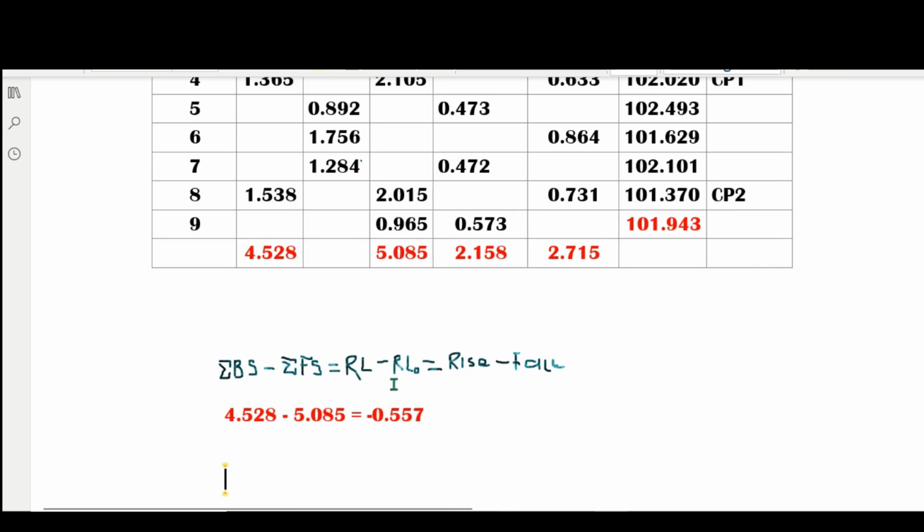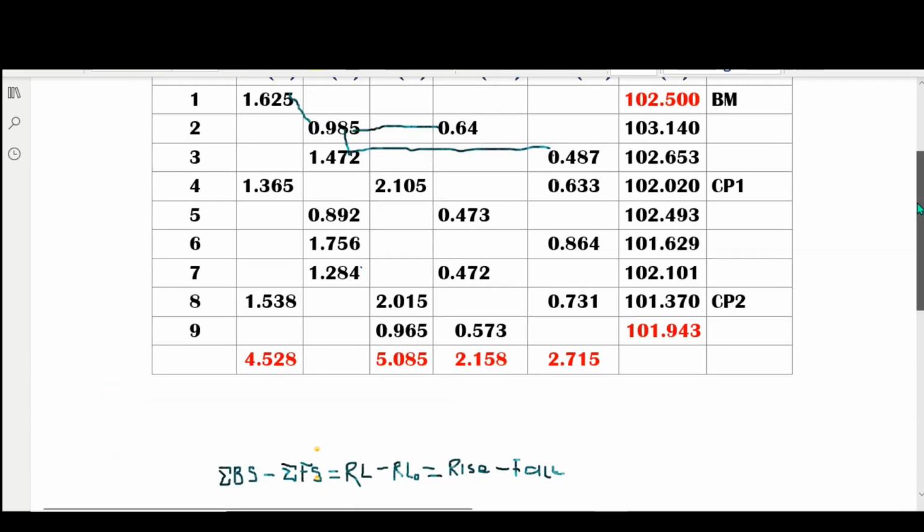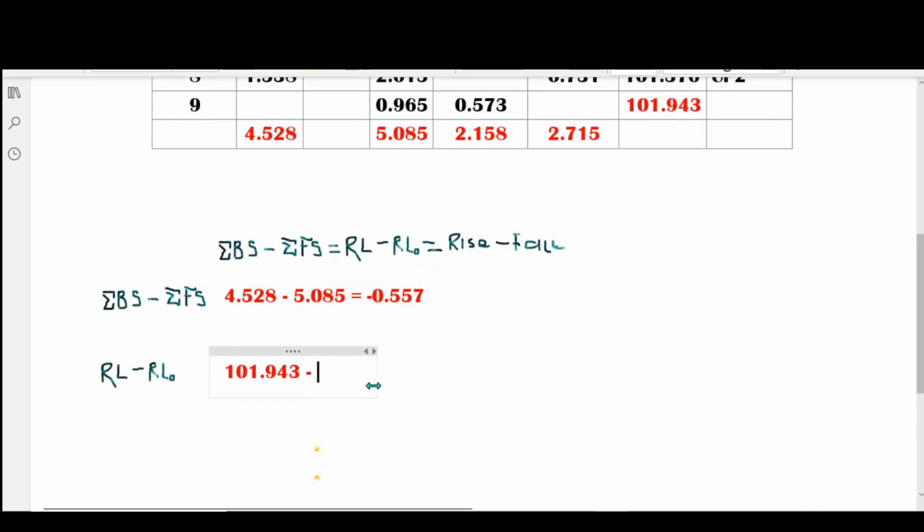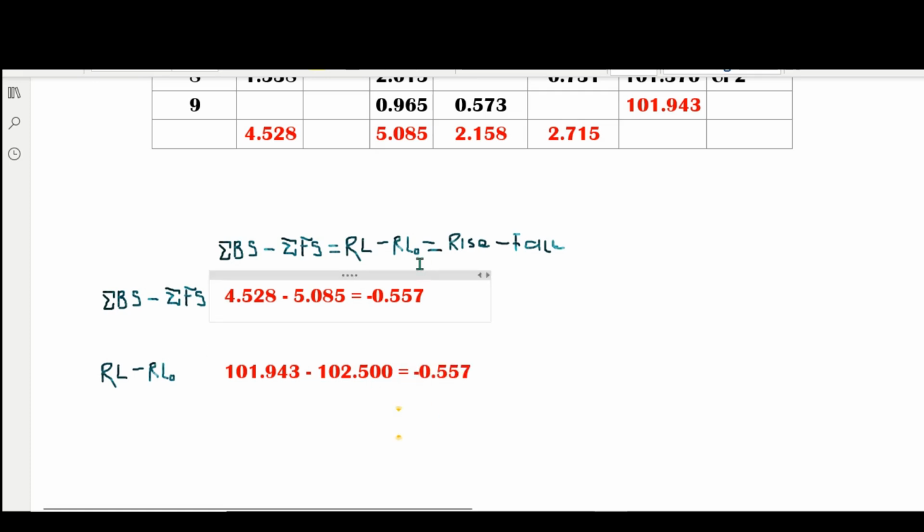All right. Now let's check the final reduced level minus the initial reduced level and see what it's going to give to us. Minus 102.500, and that's going to be equal to, all right, so it's still giving us this here.